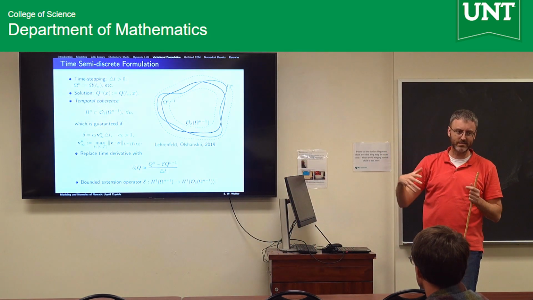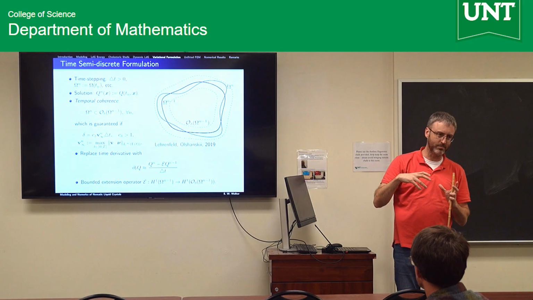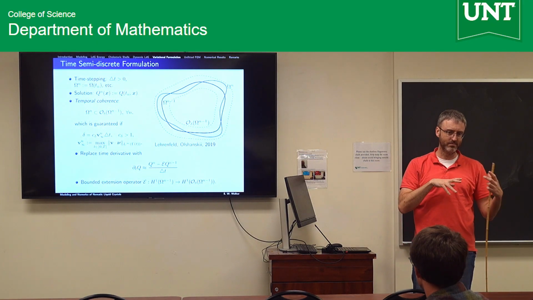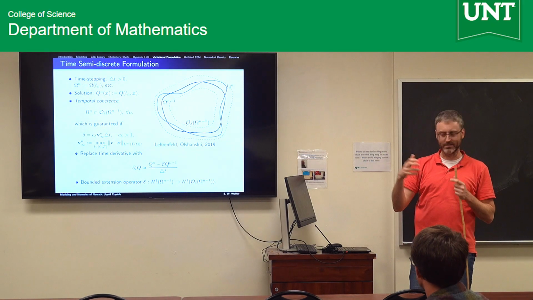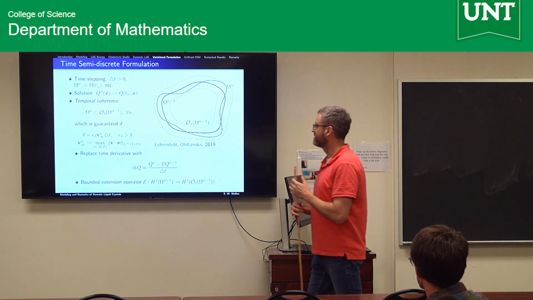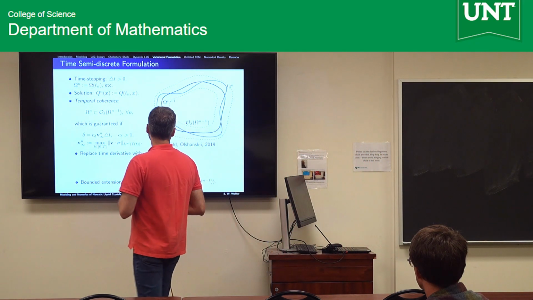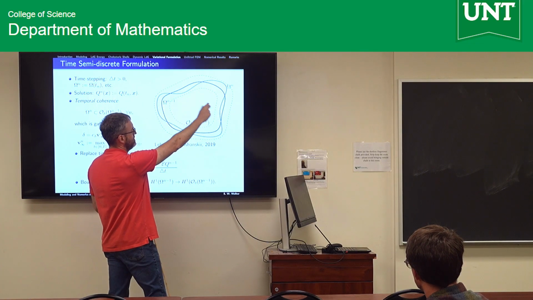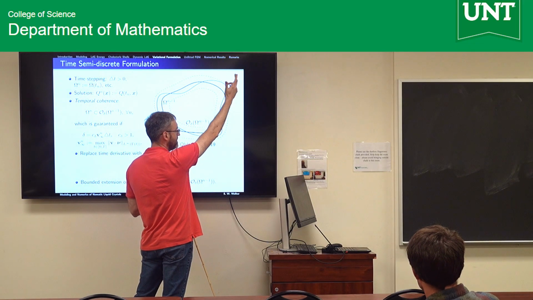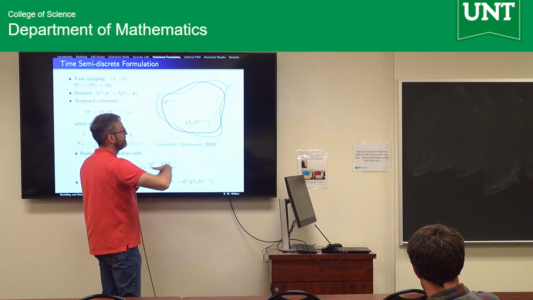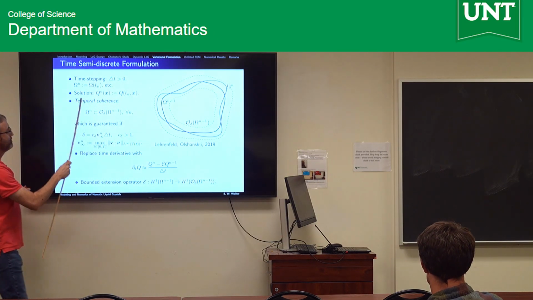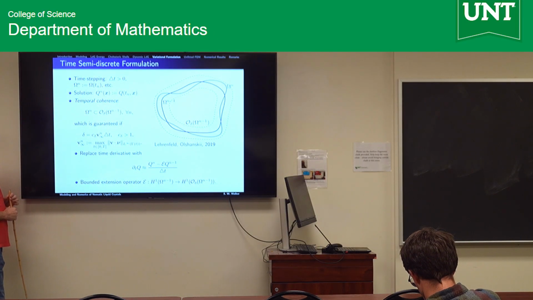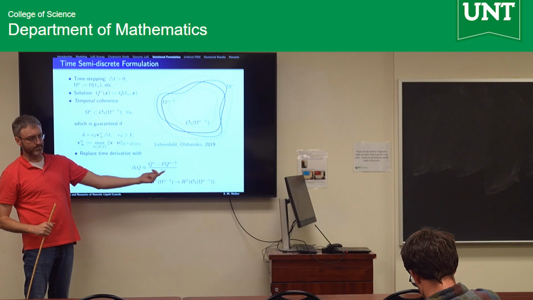So if I'm going to discretize in time, I'm going to run into a problem of trying to compare the solution between two different time steps because the domain has changed. And so the way to deal with that is, I have my domain at time t_{n-1} and then at time t_n. And so I need to be able to compare the solution Q defined on those different domains, because I have to be able to take a time derivative.